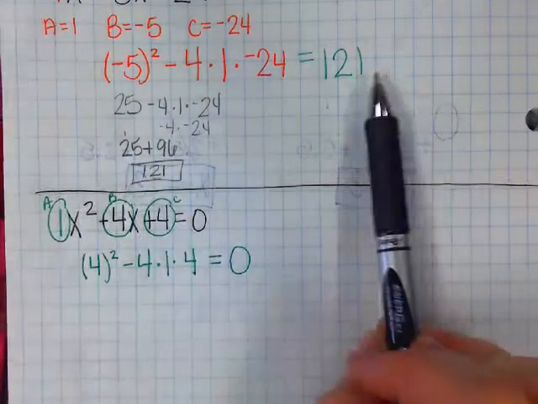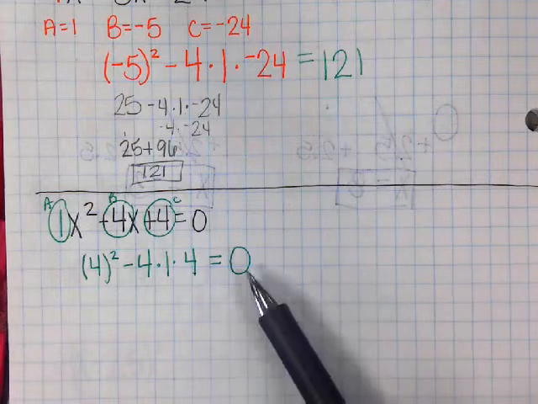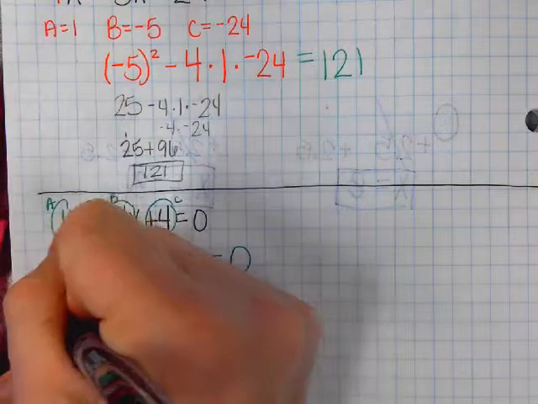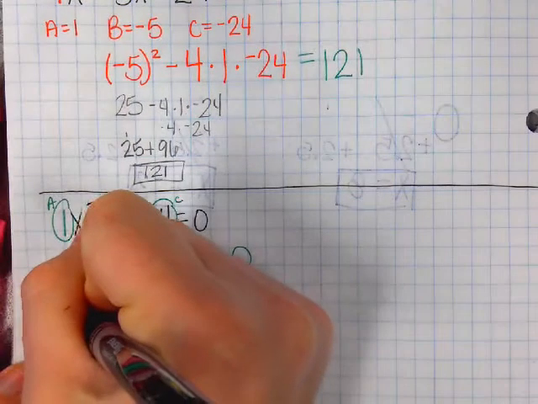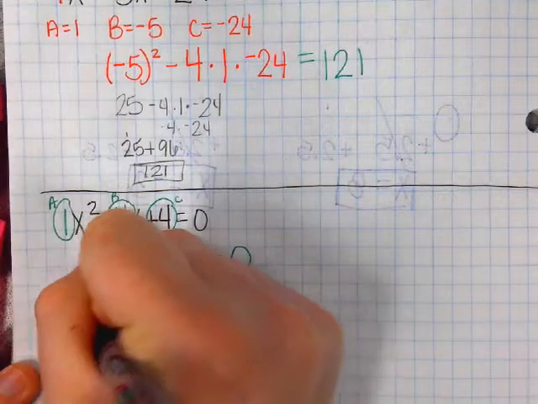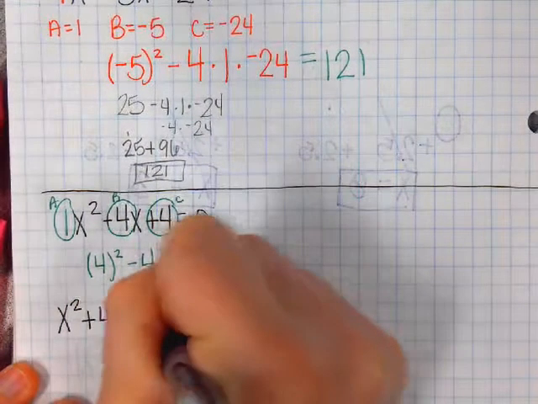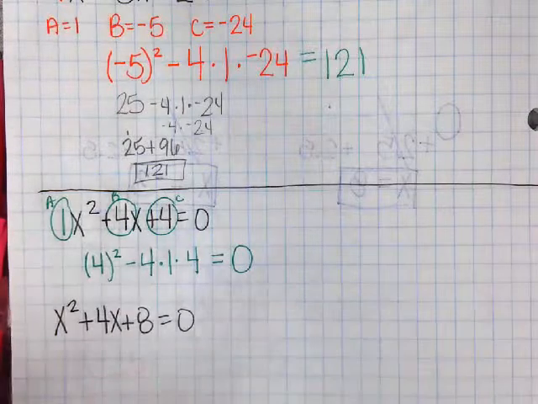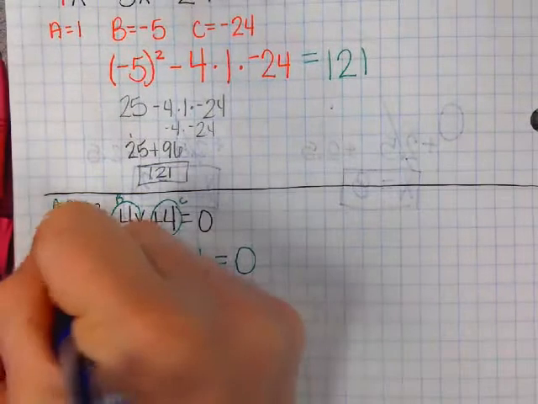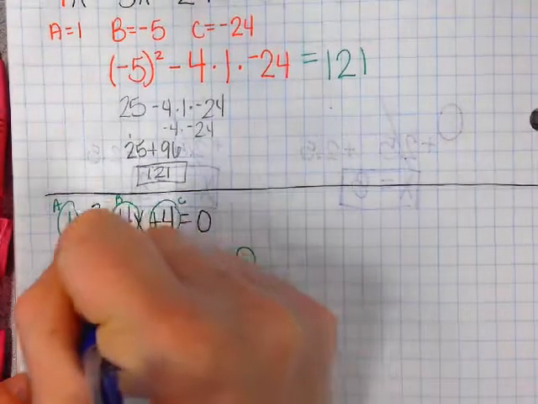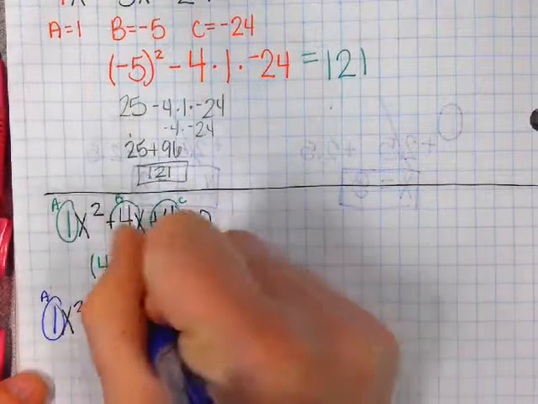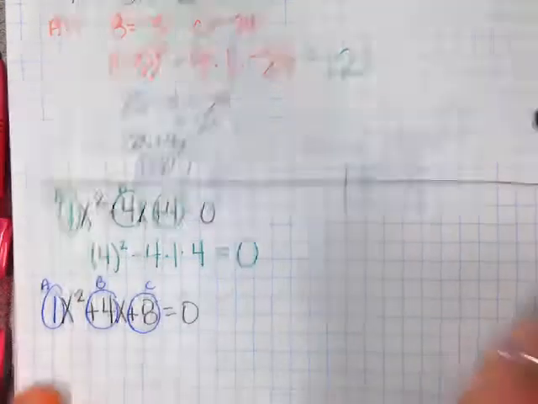Okay, we have one more type. Notice we've had a positive solution, we've had a 0, now we're going to get a negative solution, or a negative discriminant. So A is 1, B is 4, C is 8.